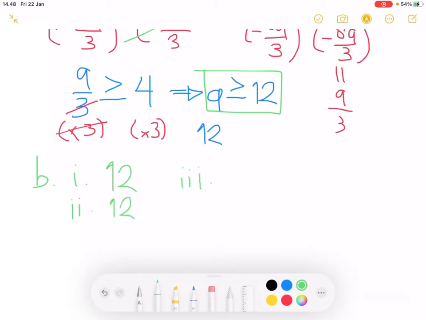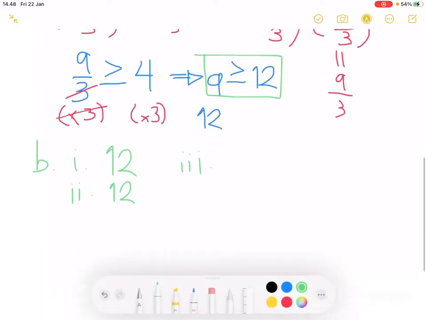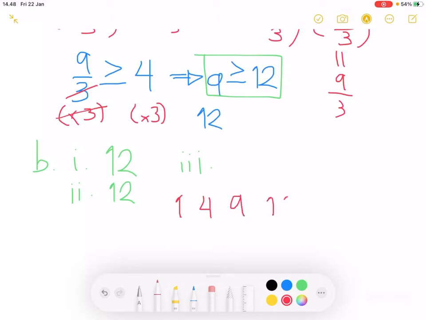And for the III part, we're going to look for perfect squares, and I'm just going to write the list of the perfect squares right here. So 1 squared, which is 1, 2 squared is 4, 3 squared is 9, 4 squared is 16, 5 squared is 25, and so on. So we can just plug these into our original result here.